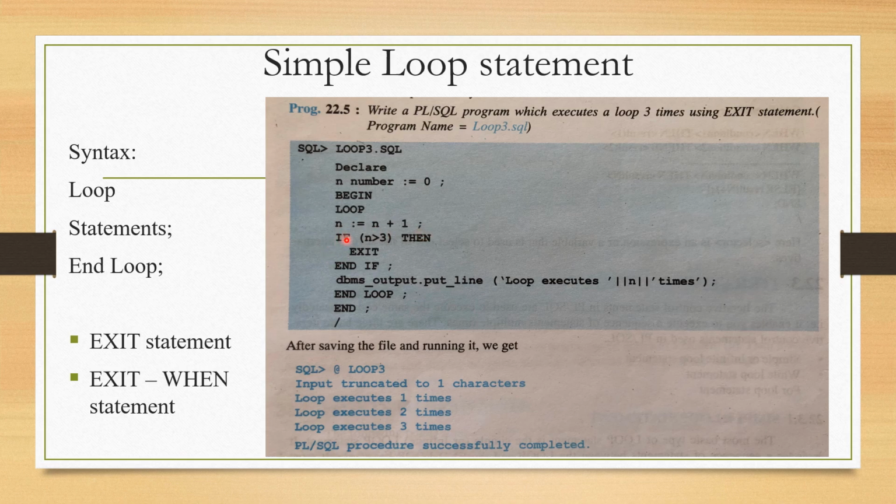Then we use end if for this if, and then the package to display the output, and we just write loop executes n times, which depends upon this condition, and we end the loop and end the program. After saving and running this program we will get this output, right? So this was all about the simple loop statement, right?